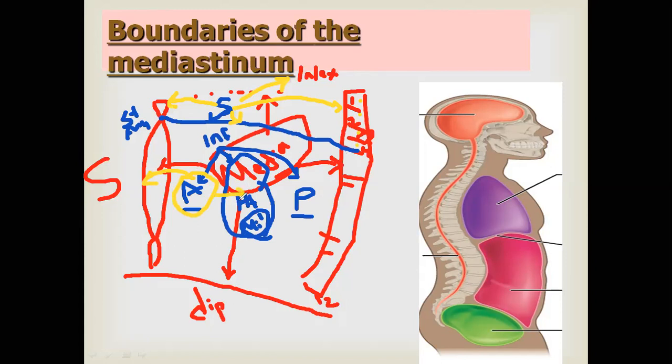Posterior to it, not the vertebrae, it is the anterior mediastinum, so behind it is the heart, the middle mediastinum. Superior is the imaginary line. Inferior is the diaphragm. And on each side will be lung.